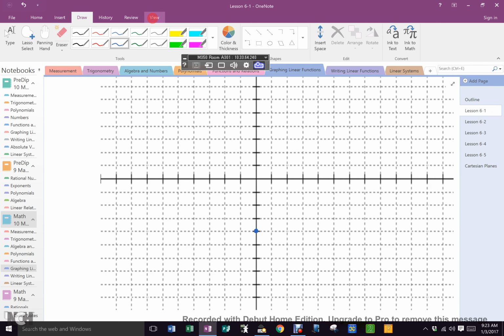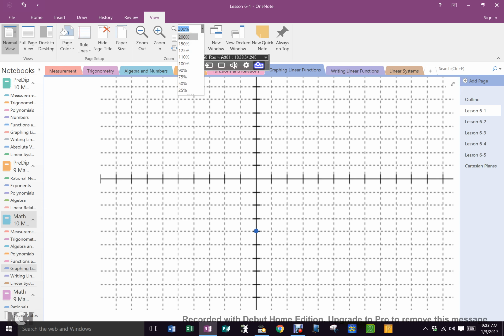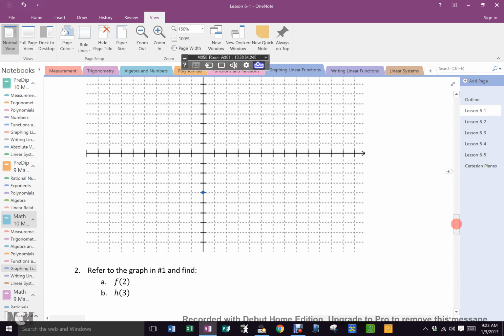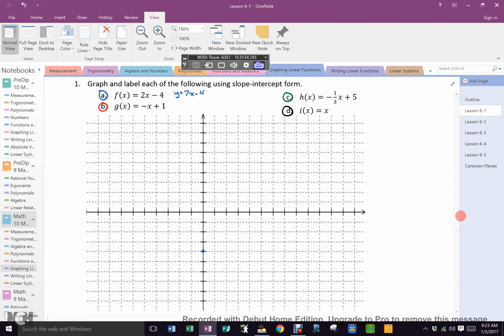Is everybody cool with that? Does everybody understand what I just did there? I went to my y-intercept of -4 because y was by itself, so I know that b is -4. Everybody cool? What's my slope? Slope is m, right?